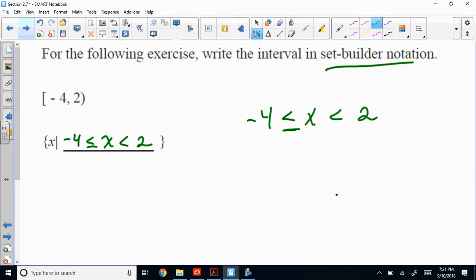So the question was, would we pronounce that -4 and 2? If I were to say it, I'd say from -4, including -4, up to 2, not including 2.